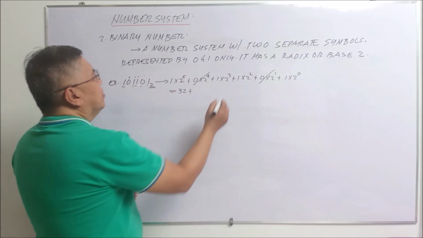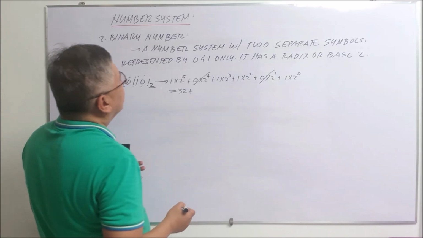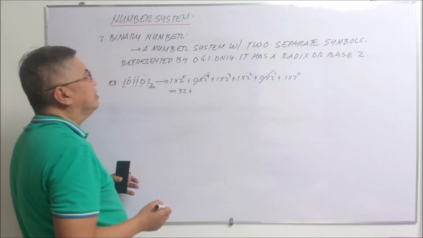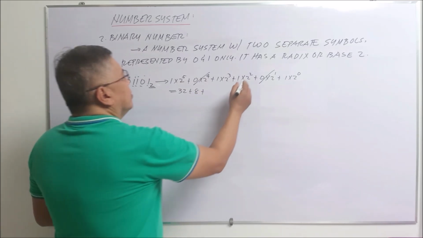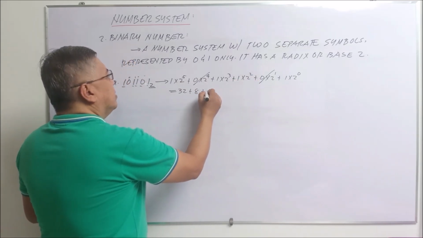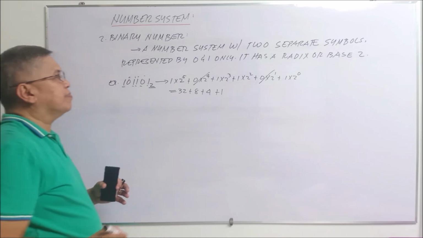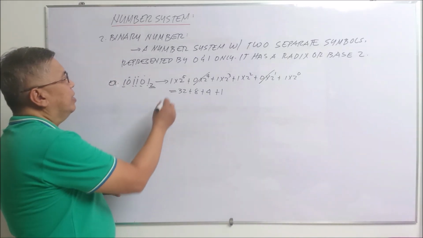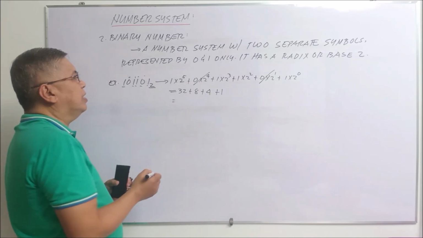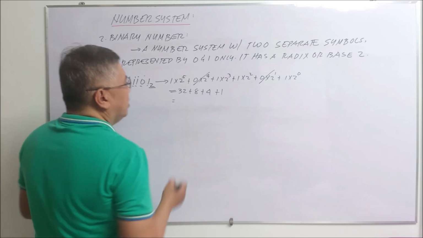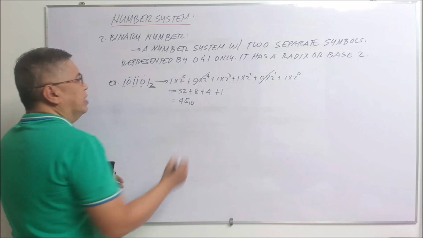Plus, 2 to the 3 is 8, times 1 is 8, plus 4 times 1 is 4, plus 1 times 1 is 1. So you have 32 plus 8 is 40, plus 4 is 44, plus 1 is 45. So this is 45 of base 10.